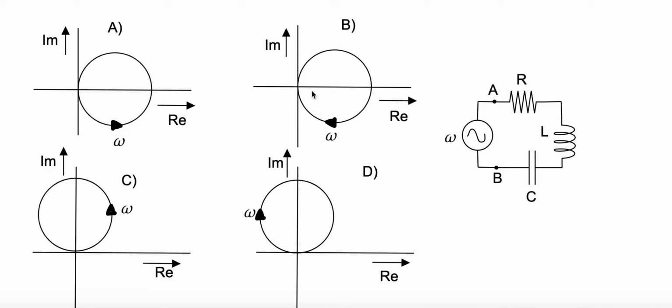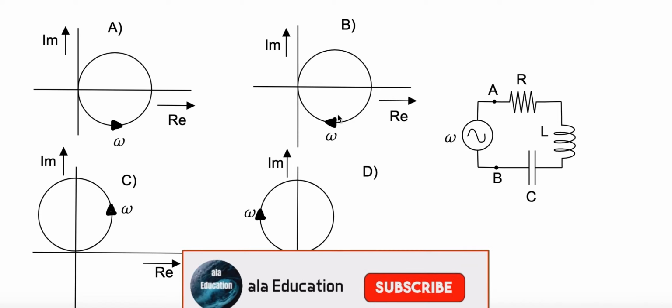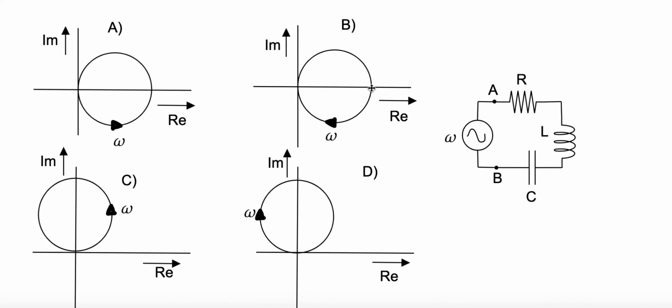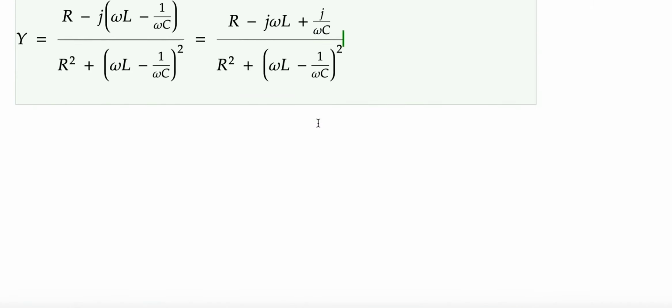Now what about this one? This is changing the other way around. Omega is 0 here, increasing up to the resonating frequency. Before the resonating frequency, the imaginary part is positive; after the resonating frequency, the imaginary part is negative. That is what we want.